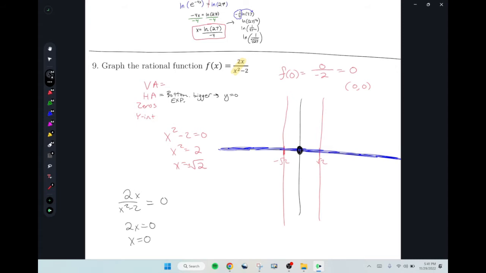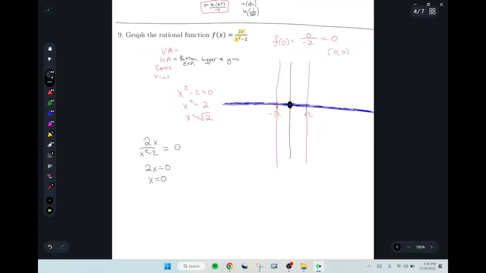I think we just have to plug in a bunch of points. That's not fun. I guess 1 and negative 1. I'm going to start a table right here.